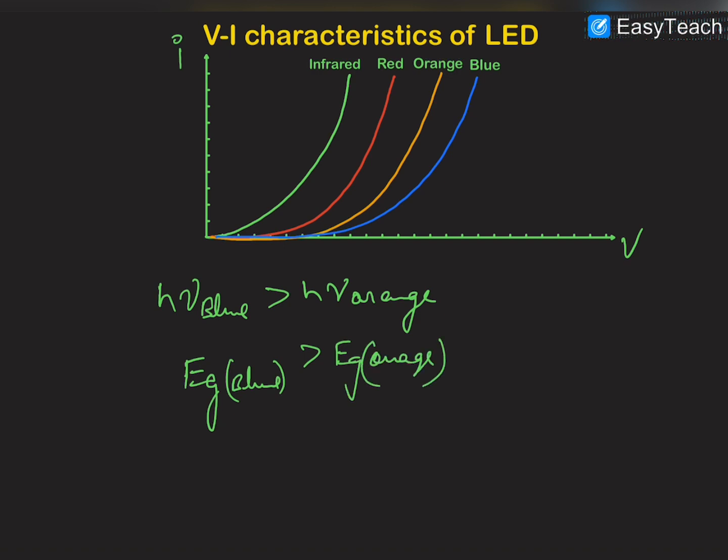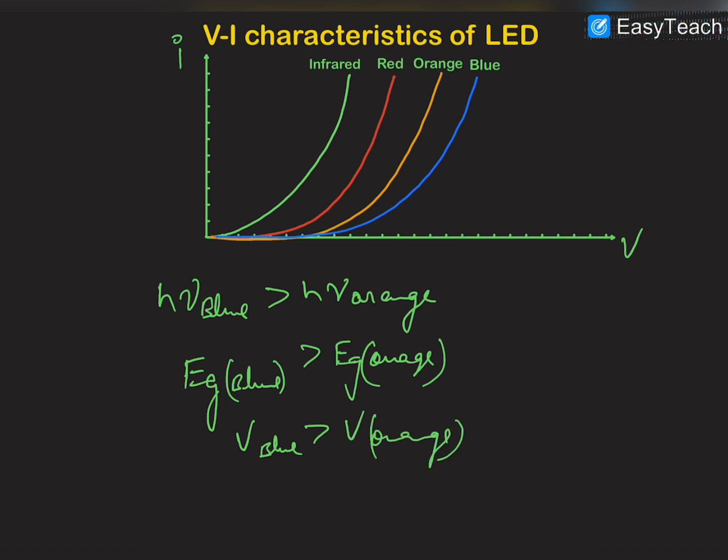We have already seen that the forbidden energy gap restricts the electron from jumping from the valence band to the conduction band, and therefore the knee voltage for blue will be greater than the knee voltage for orange or infrared.